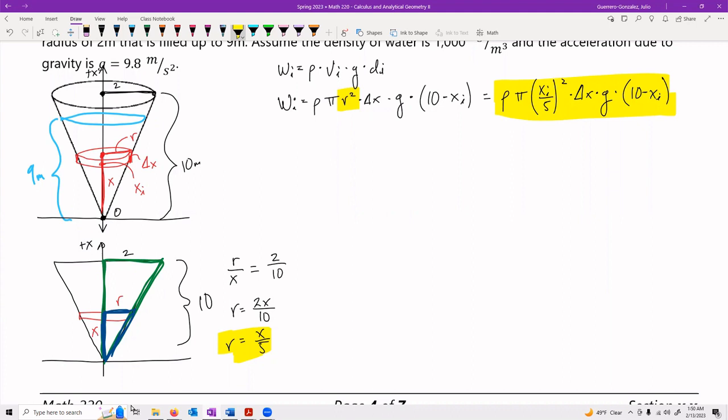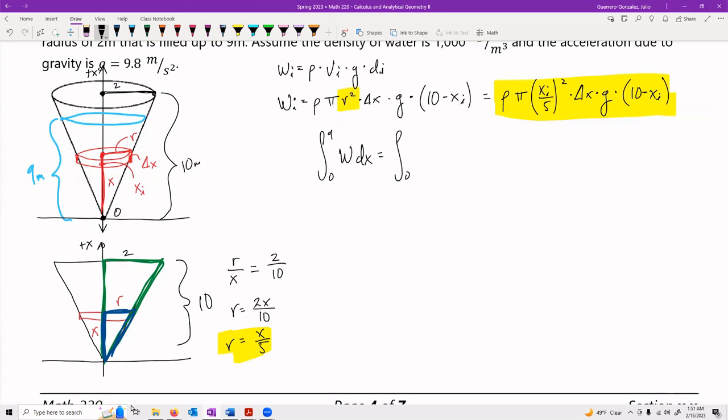I have to do this for every single one of my smaller disks, and I need to do it for everything from 0 to 9, the amount of water that's in my tank. So the integral here will be this. It's going to be the integral from 0 to 9 of all my wi's, my w dx's, which we already figured out. That's all of this.